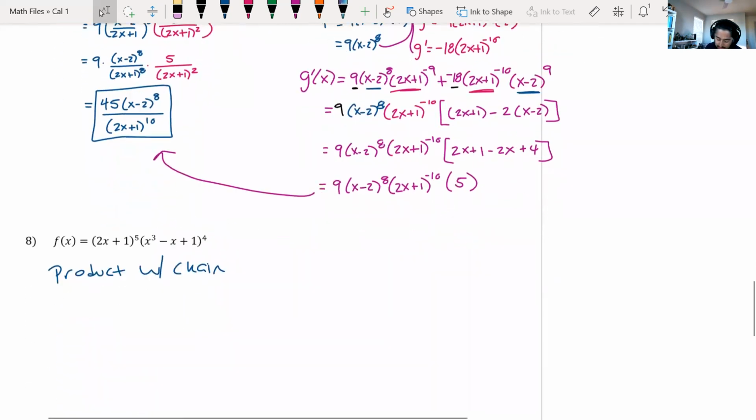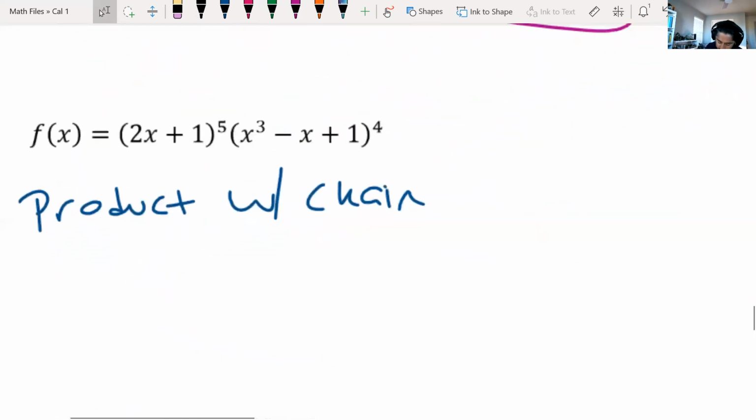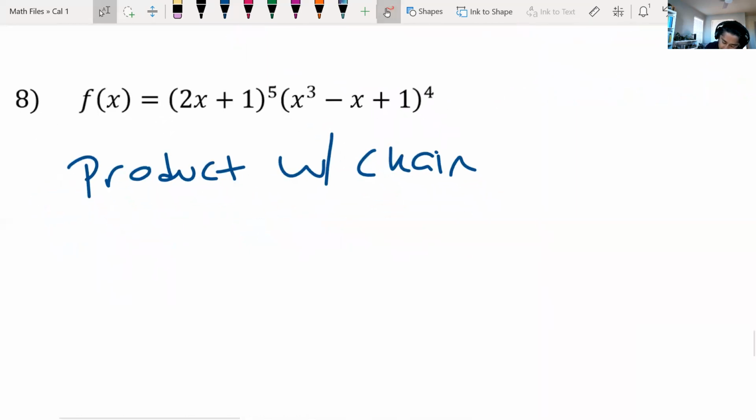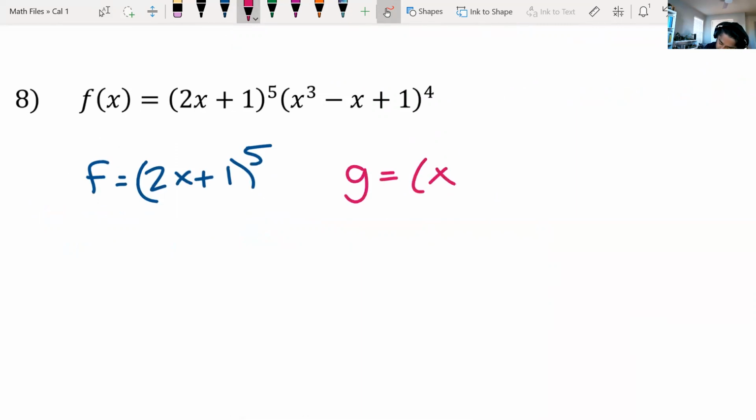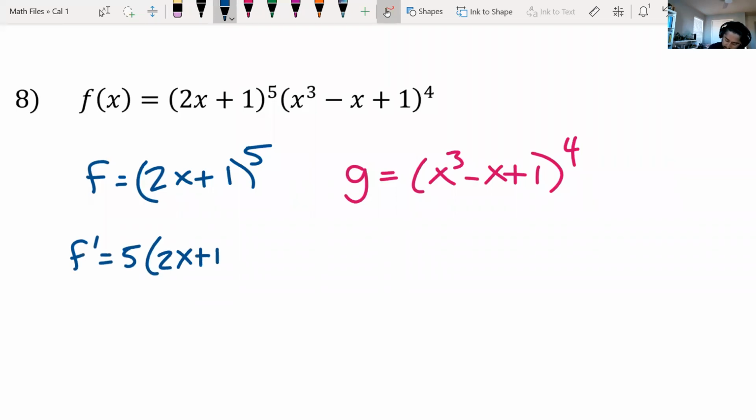Okay, let's try out the last one. There's F, there's G. F prime: 5 times 2x plus 1 to the 4th times 2.